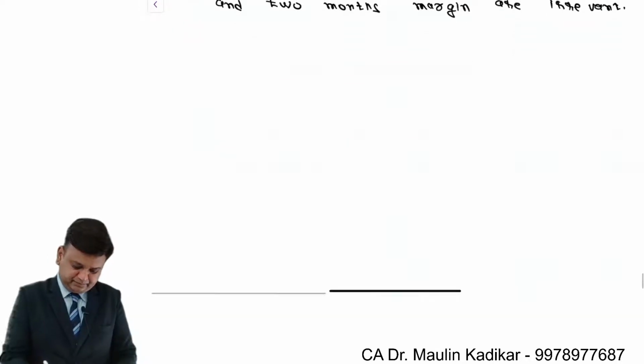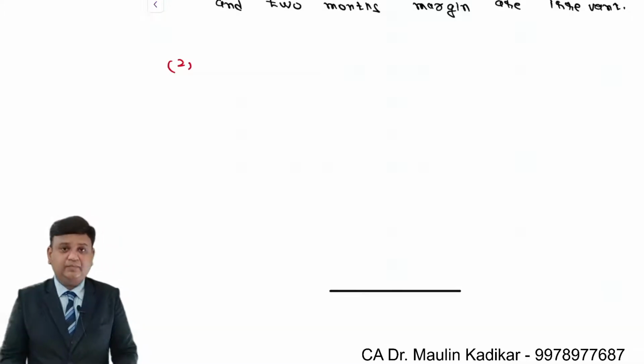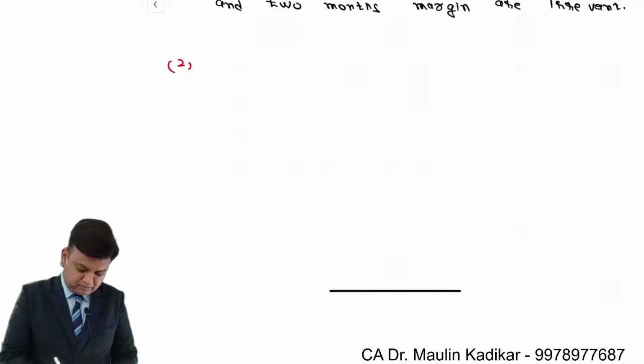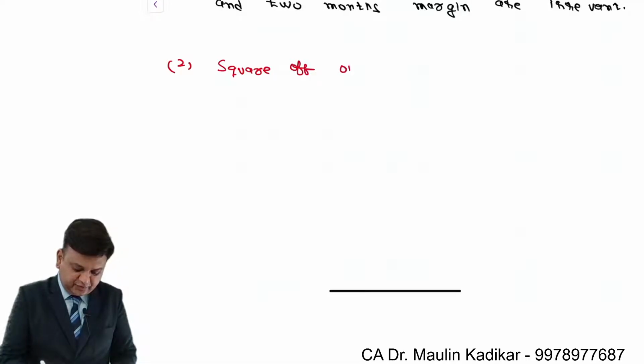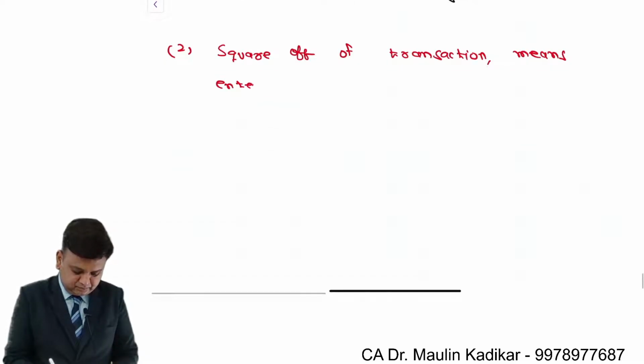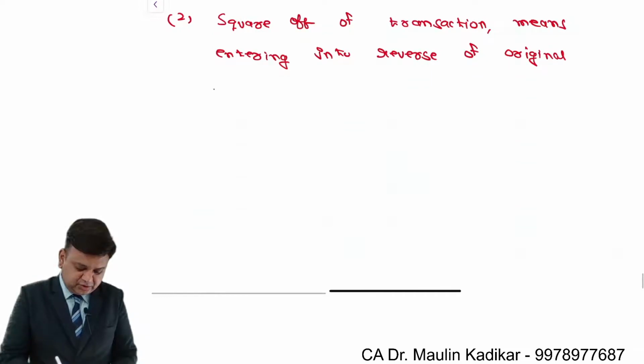Full stop. Second point: square off of transaction, comma, means entering into the reverse of the original transaction.